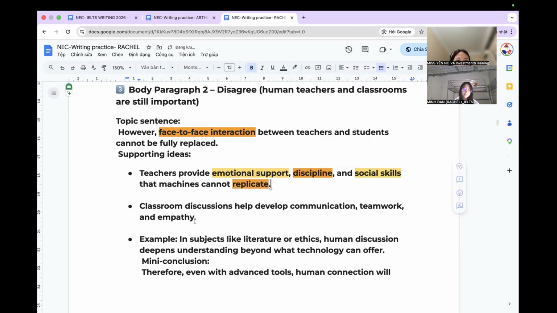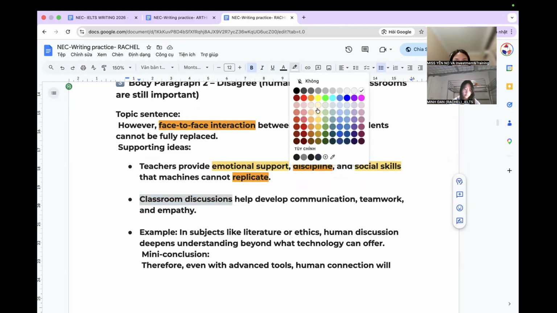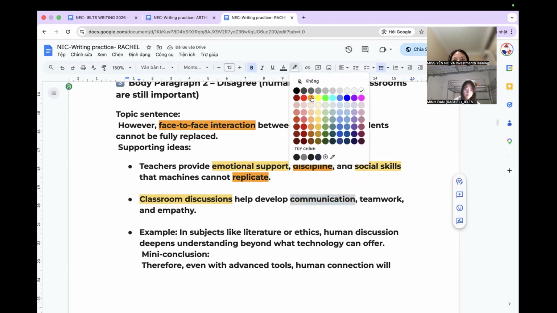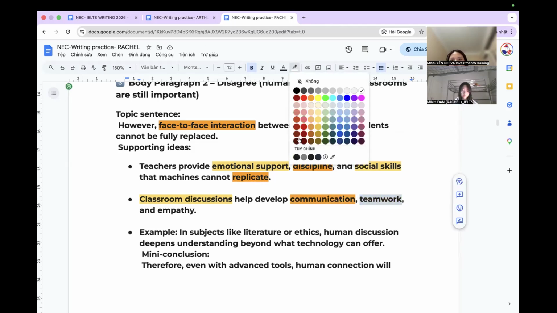And also classroom discussion develops the environment, communication, teamwork. You need friends, and that cannot come from digital classroom because it will isolate you from interacting with others.